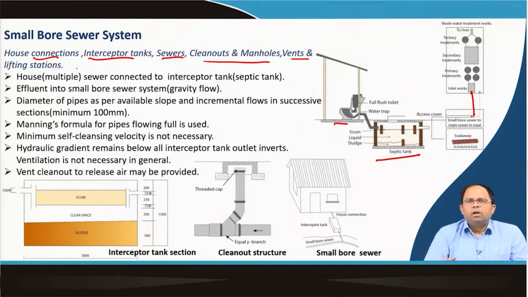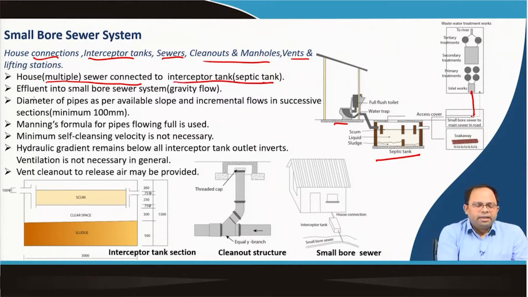If the pipeline is too long, there may be a requirement for a lifting station as well. Multiple houses, particularly in dense areas, could be connected to one septic tank or interceptor tank, and then the effluent goes into the small bore system and follows gravity flow.